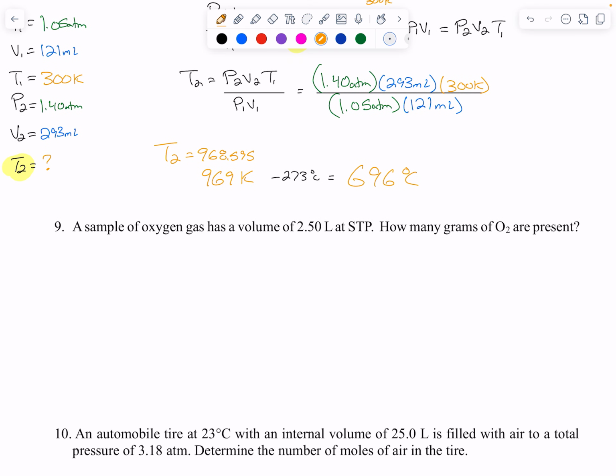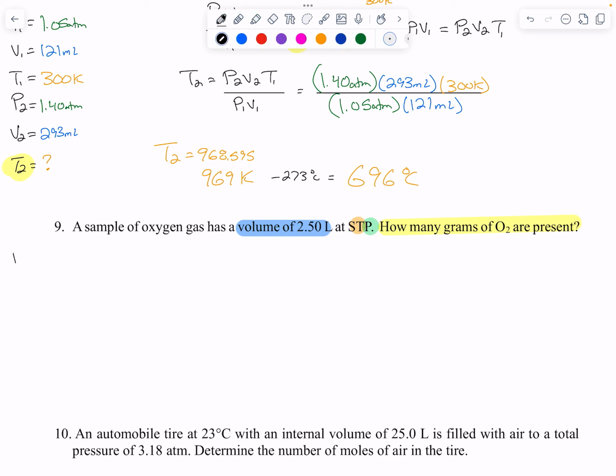All right. A sample of oxygen has a volume of 2.5 liters at STP. How many grams are present? Ooh, this is different. So I have a volume, and I have a temperature, and I have a pressure. All right?